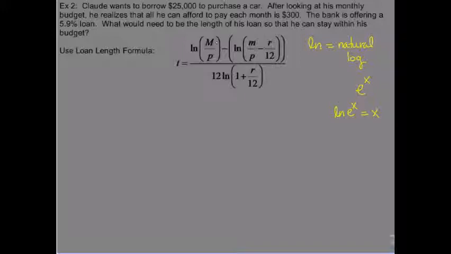For this part, what you need to know is it's a button on your calculator. This is just a button on the calculator, ln. T is the length of time.